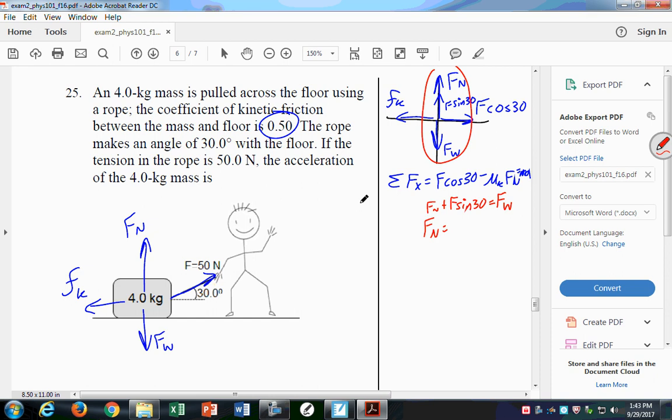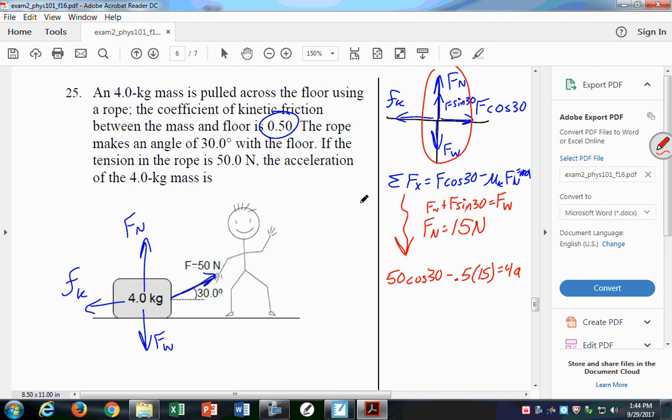Then I come back up here, and I say 50 cosine 30 minus 0.5 times 15 equals my mass, which is 4, times a. And I solve that for a. I get 8.9.